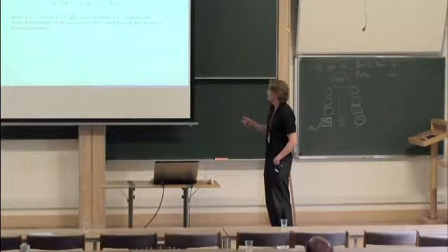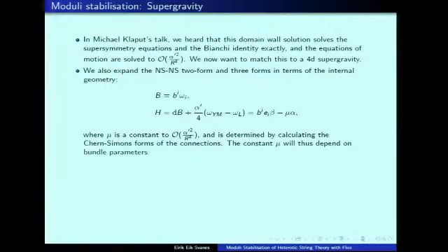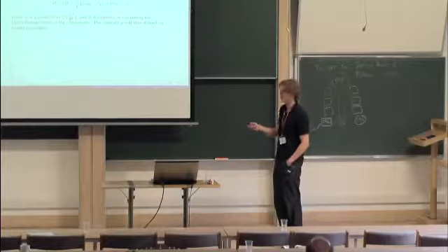The NS 2-form and 3-forms are expanded in terms of the internal geometry, and this parameter mu here is a constant up to order alpha prime squared. That's a technicality, but it's determined by calculating the Chern-Simons 3-form of the various bundles that you use, so the parameter mu is going to be dependent on the bundle that you use, and the bundle parameters can be positive and negative, and that will have consequences for which moduli you're able to stabilize.